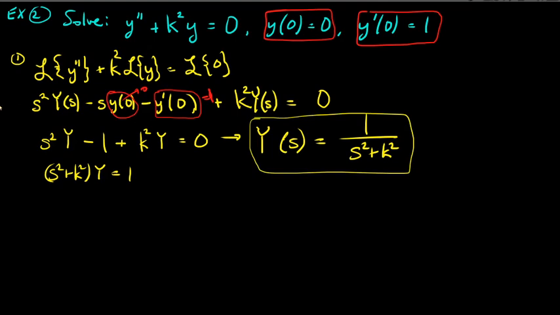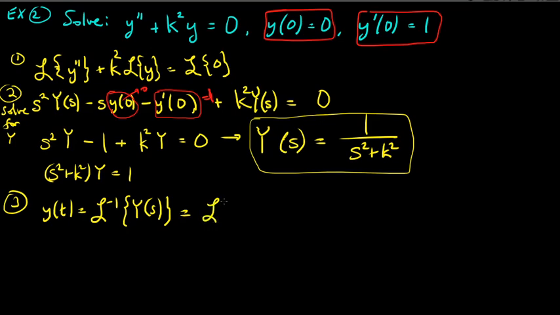So that was step 2. Step 2 is to take this equation and solve for capital Y. And remember, capital Y is the Laplace transform of little y. So now, to get little y, we apply the inverse Laplace transform to capital Y. In this case, we take the inverse Laplace transform of 1 over s squared plus k squared.